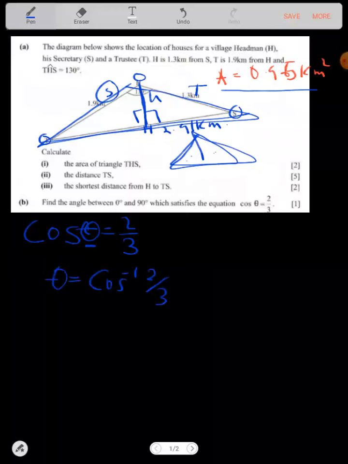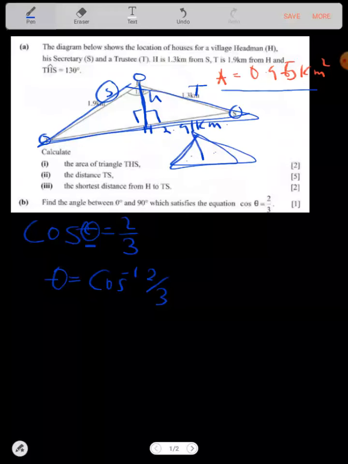So to find cos inverse, you press shift, then you go on cos. Then it gives me 48.2 degrees. This is just what we call a reference angle. So our reference angle is 48.2.